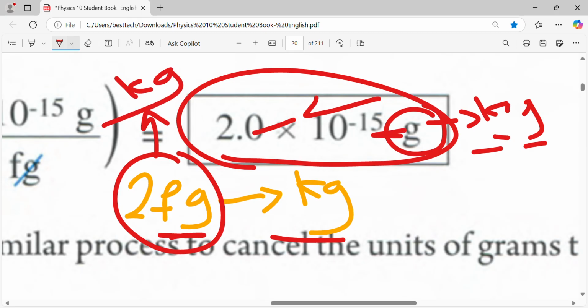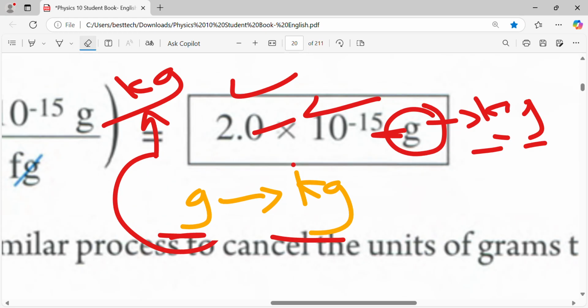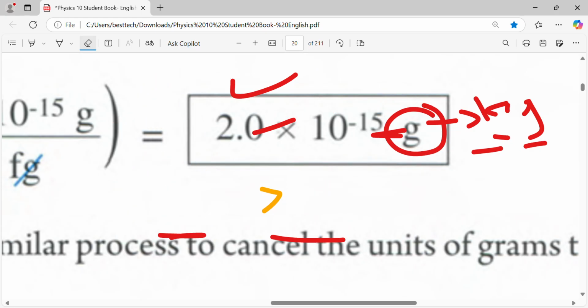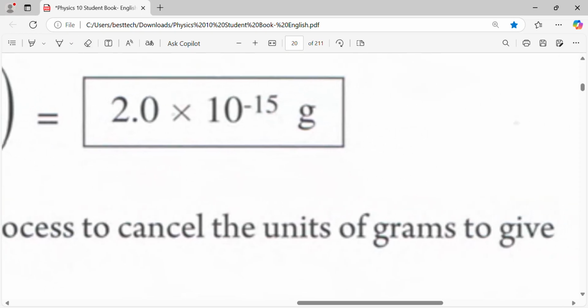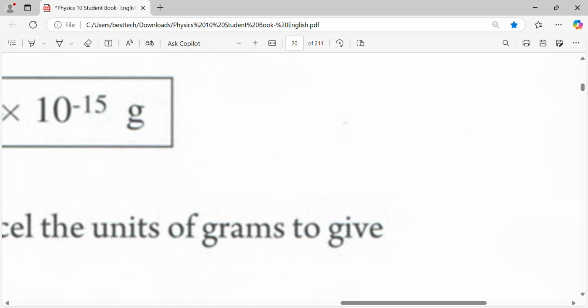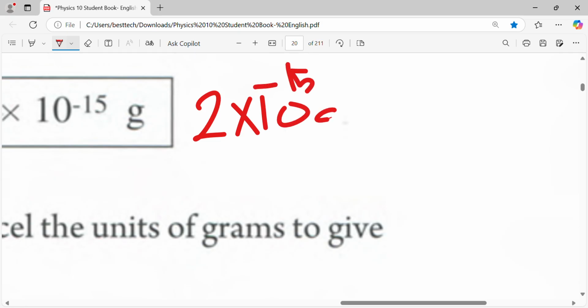So look, the answer was 2 times 10 power negative 15 gram.